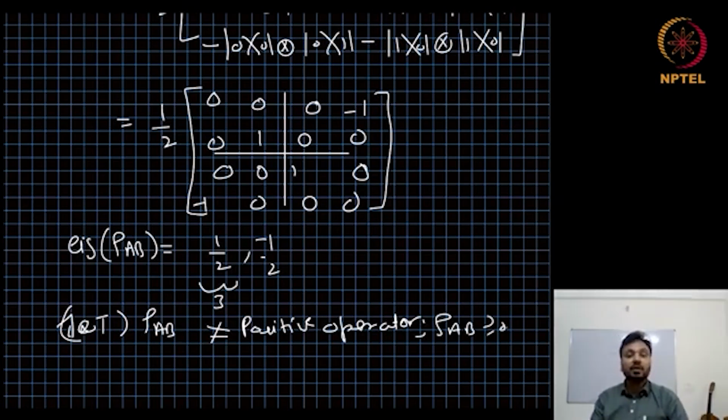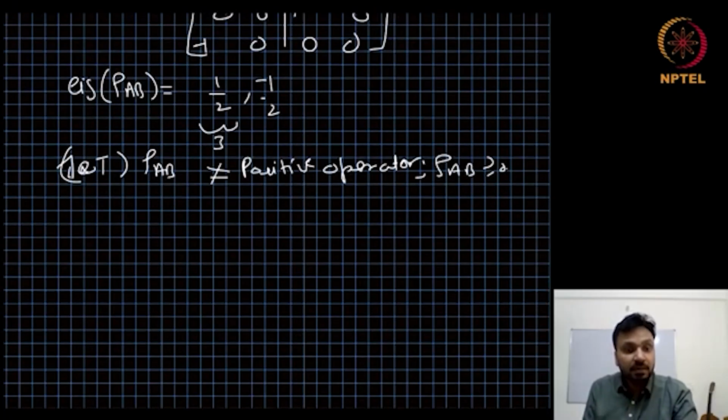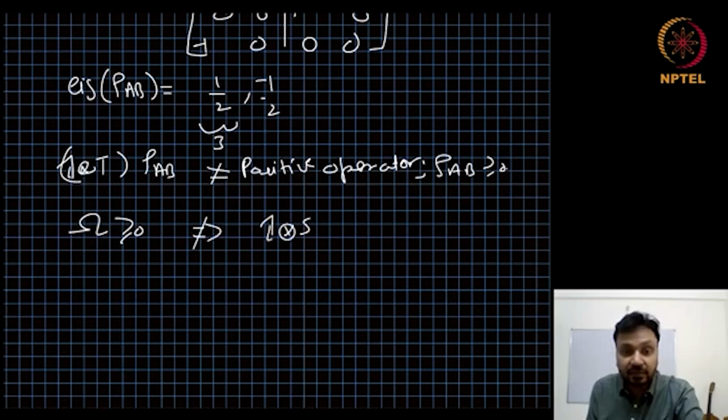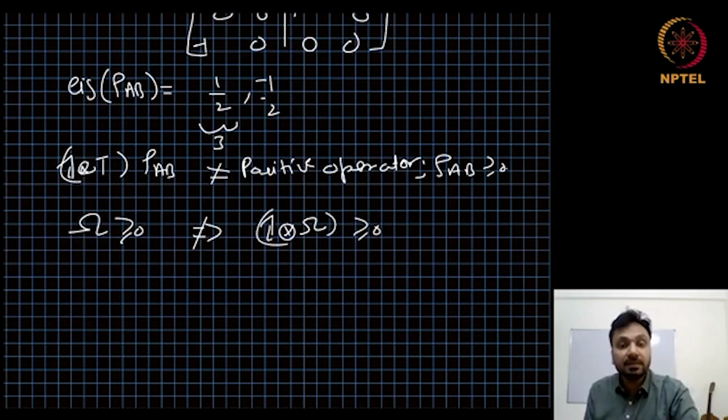So this is one counterexample where we see that not all the positive maps, which map positive operators to positive operators, are positive when we apply them on a subsystem of a larger system. It means that if omega is positive, it does not mean that I tensor omega is a positive map.